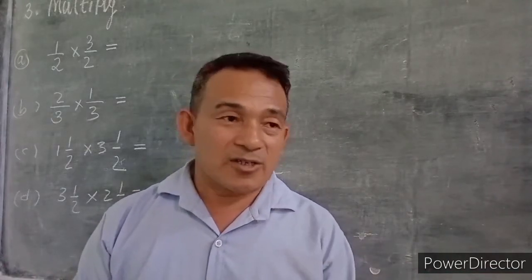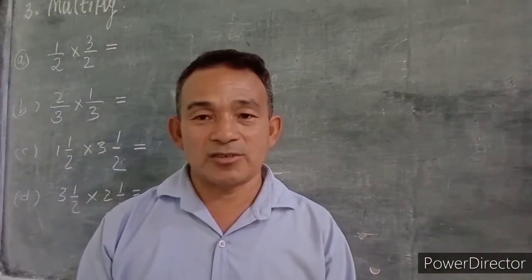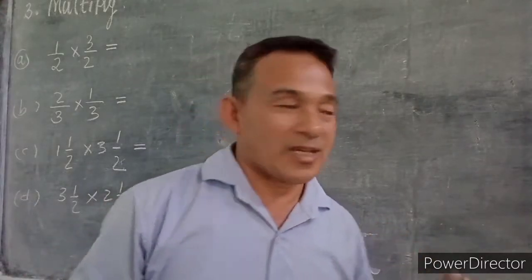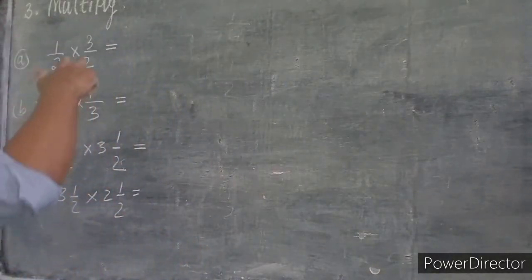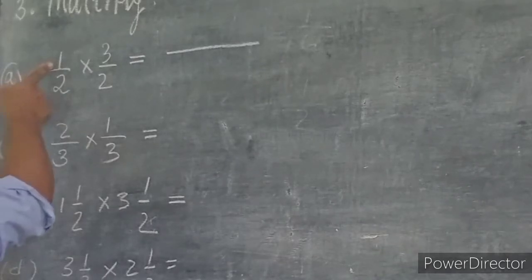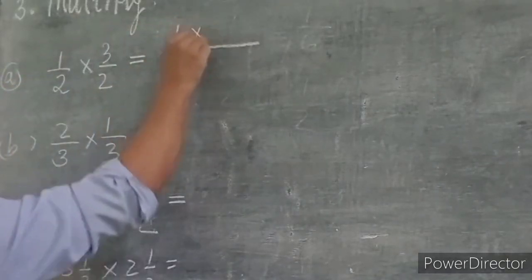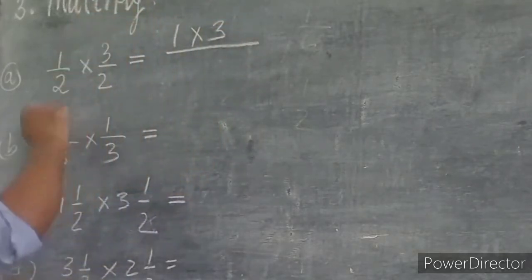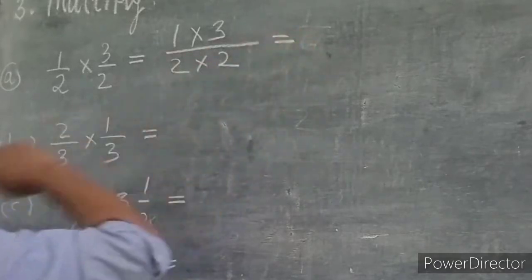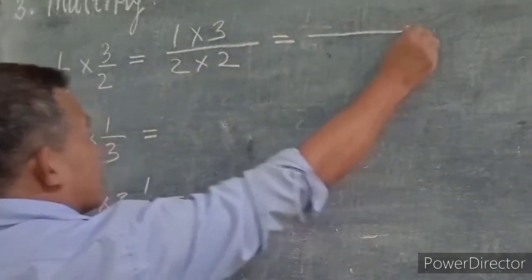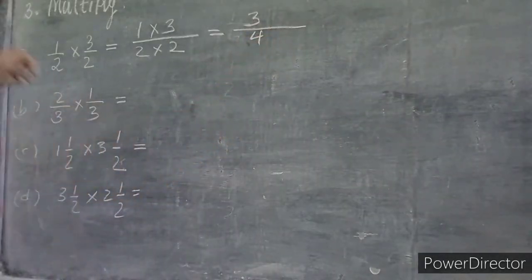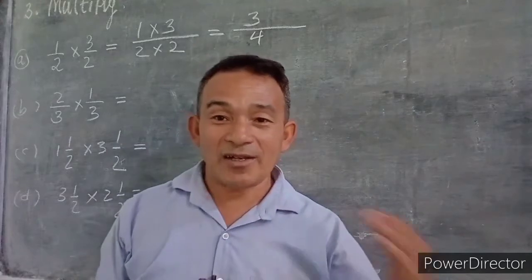Simply we follow the same rule. Here numerator 1 and numerator 3, and here is 2 and 2. They are multiplied directly. 3 1s are 3 and 2 2s are 4. So this is how we multiply.